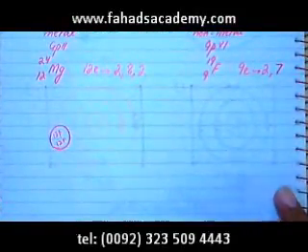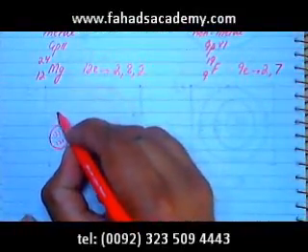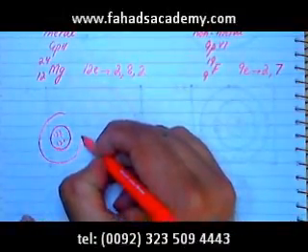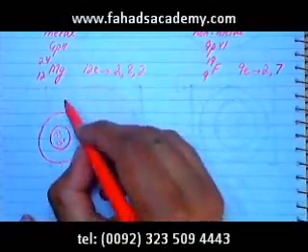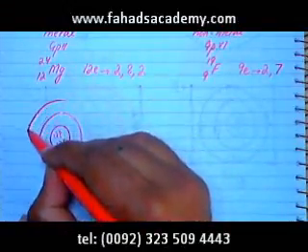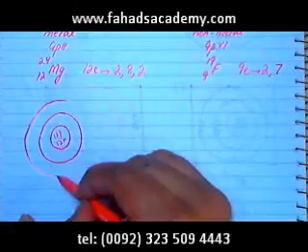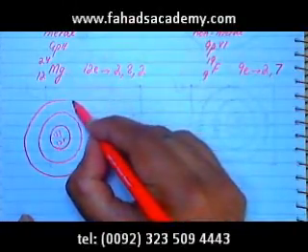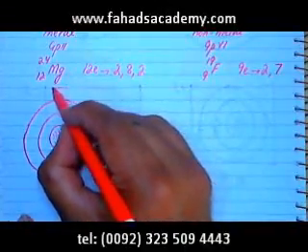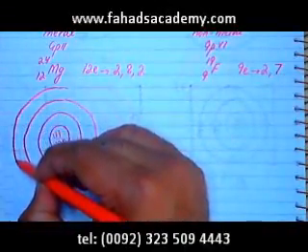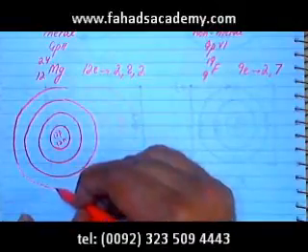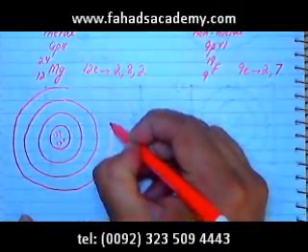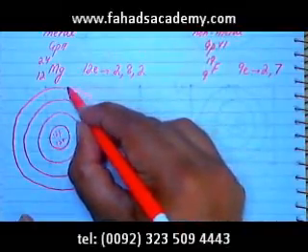So keeping that in mind, let's draw the atomic structure of a magnesium atom. This is the first shell, this over here is the second shell, and then we have this third shell.